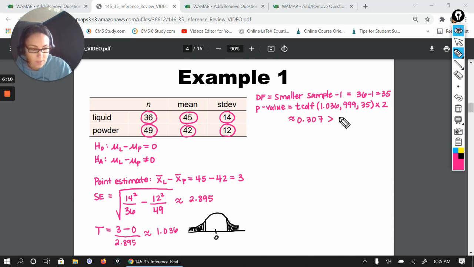Now this number is greater than our significance level of 0.05, so that means that we would fail to reject the null hypothesis. It means that we don't have any evidence of a difference.